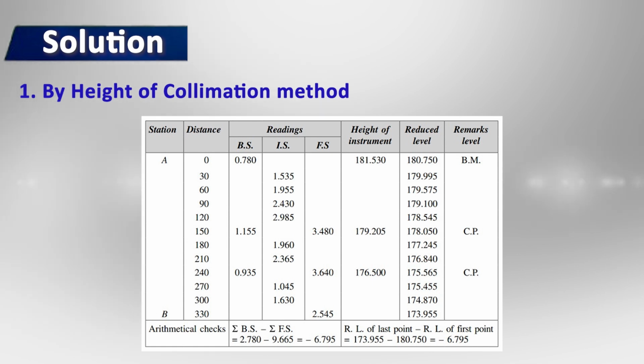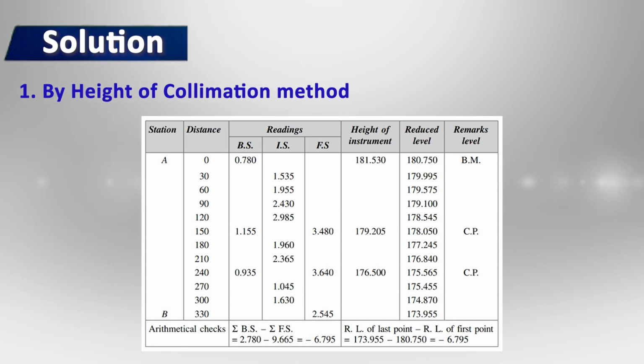Again, we have to calculate the new HI, and it would be equal to the reduced level at 240 meters, that is 175.565, plus the backsight, that is 0.935, which will result in 176.500 meters. Again, we can easily calculate the RLs of the next points.